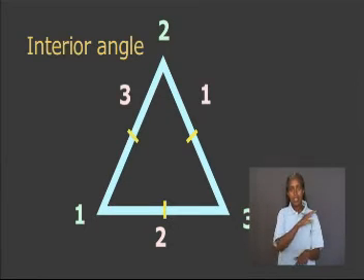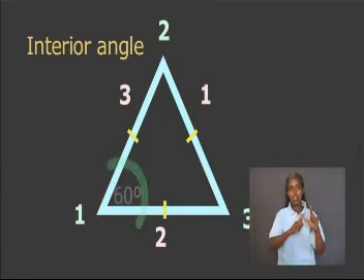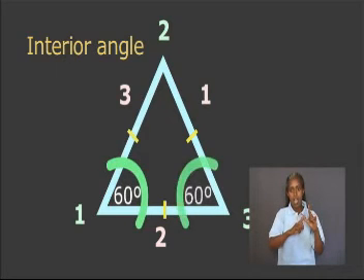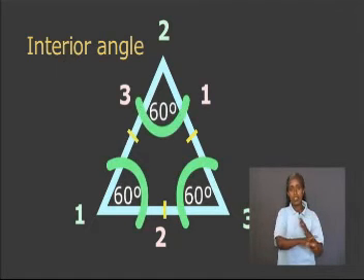An interior angle is an angle in the interior of a polygon at a vertex. The three interior angles of this polygon are each 60 degrees.